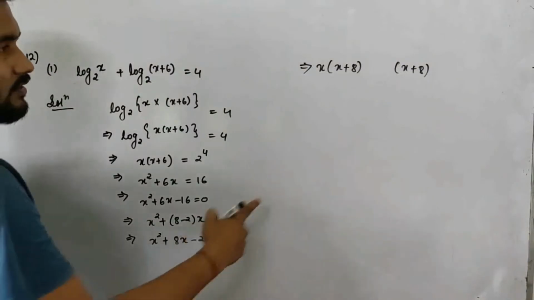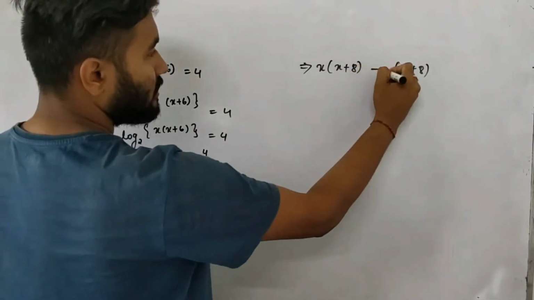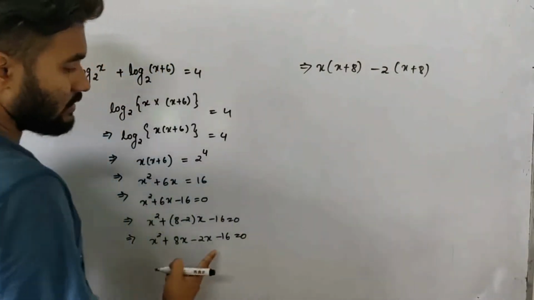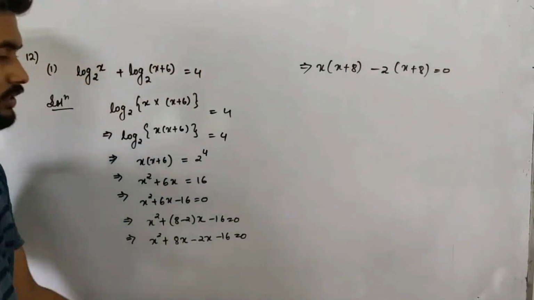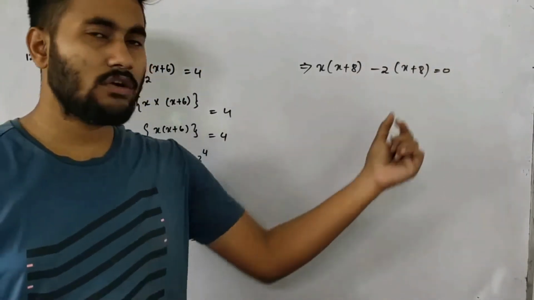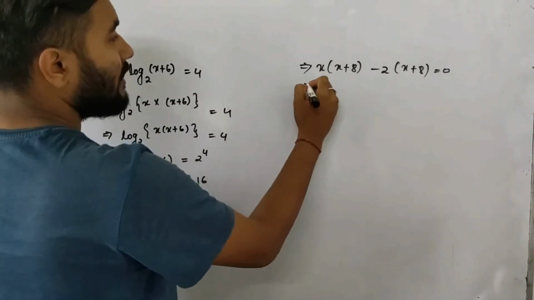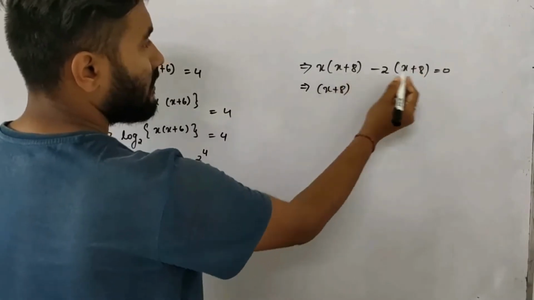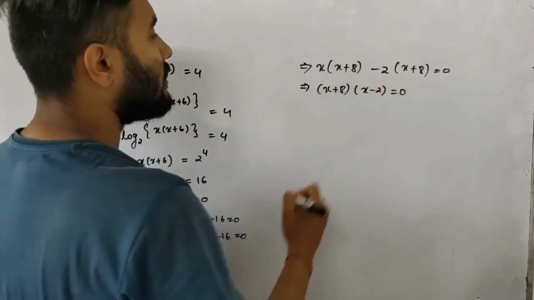Minus and 2, so it is minus 2x, and then minus 2 into 8 is minus 16. Very simple, this you have already done. Only equal to 0 is there, that means it is an equation. Rest everything is the same. So which implies x plus 8 into x minus 2 will be equal to 0.